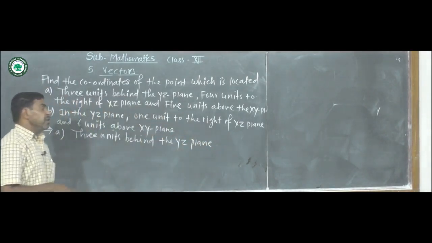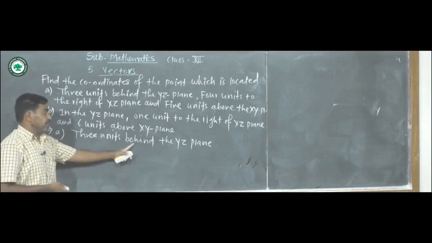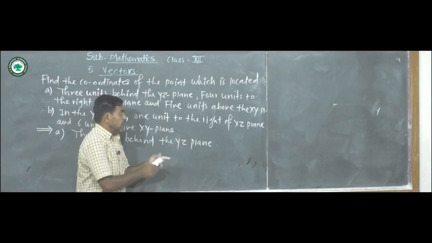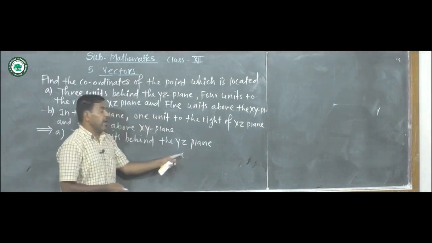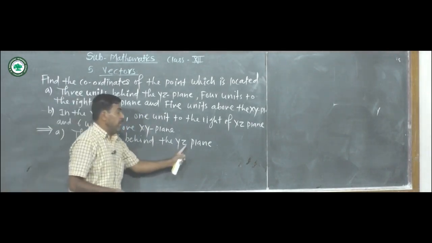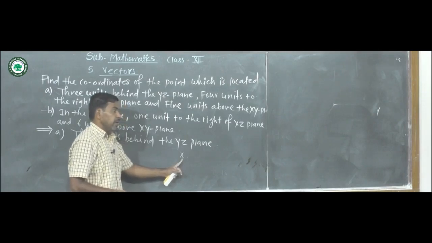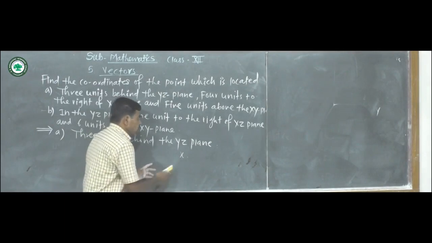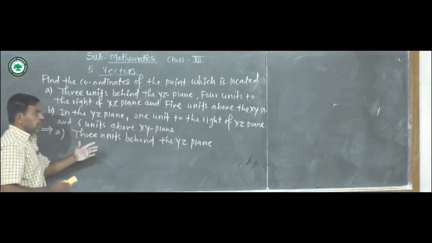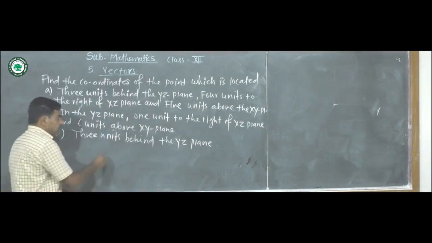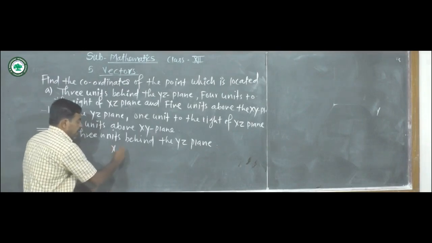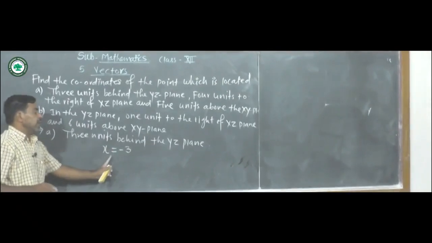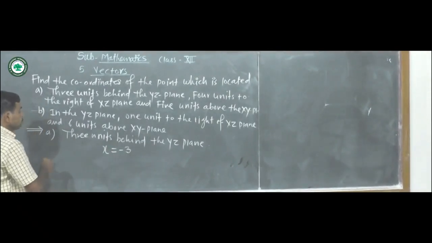We have seen, if the word is behind the YZ plane, YZ, what is remaining? X. So the x coordinate is negative. We take the x coordinate, and it is behind, so it is negative. So if the point is 3 units behind the YZ plane, its x coordinate is -3, because the word is behind. So x is equal to -3.